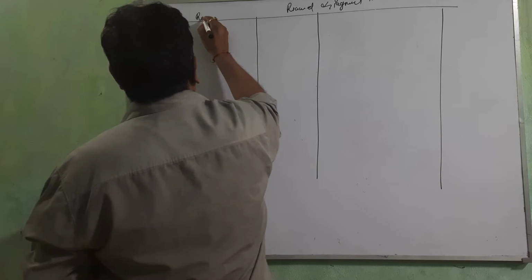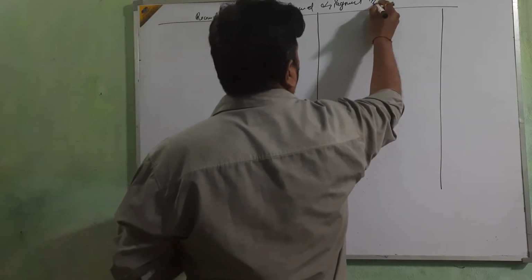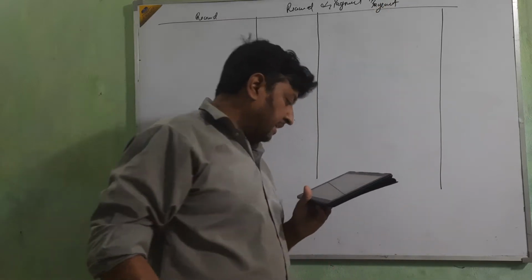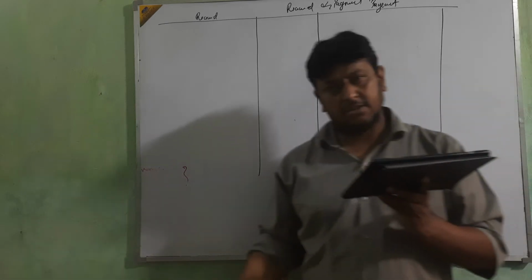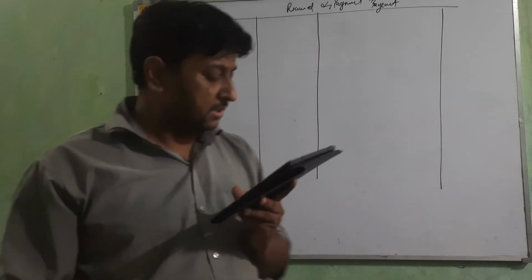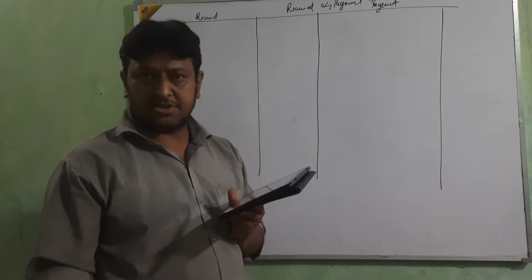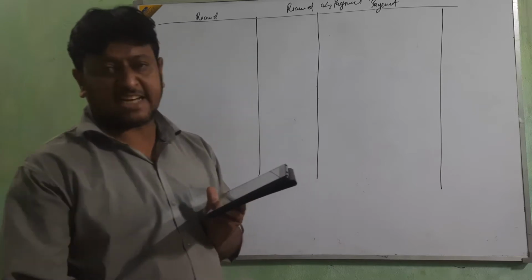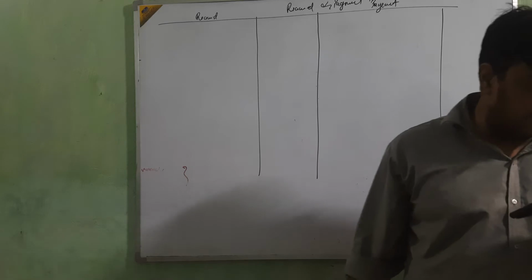Receipt column and payment column. Then 12% investment purchase is an expense, payment column. Then entrance fee received goes in the receipt column, sports material purchase in the payment column, furniture purchase in the payment column.